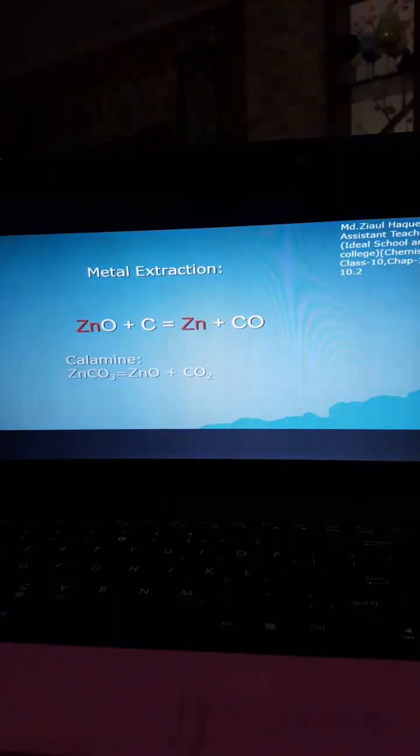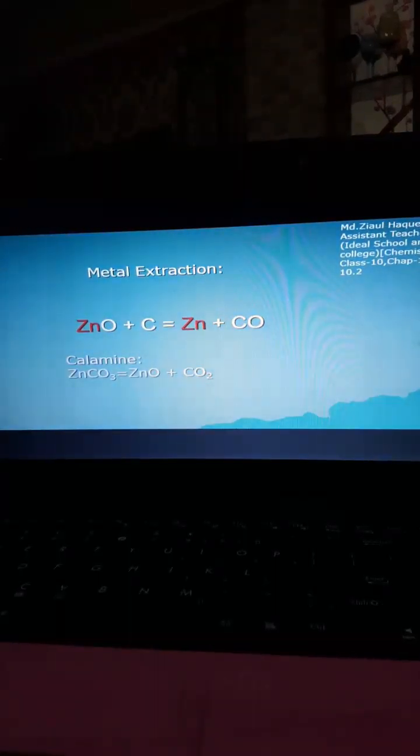So to get zinc, at first you have to collect the ore of zinc, the main ore zinc carbonate, which is known as calamine, and also zinc blende, another ore. Later we will discuss it, and we have already learned from my previous classes.